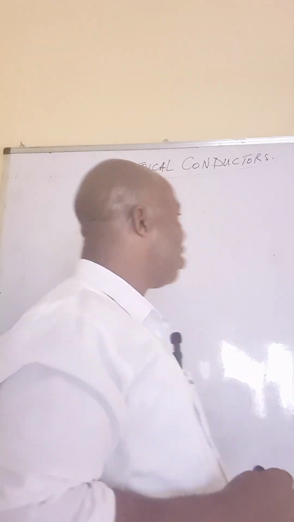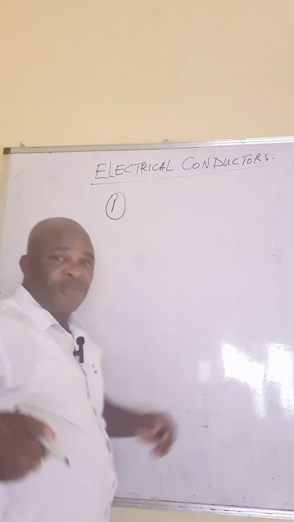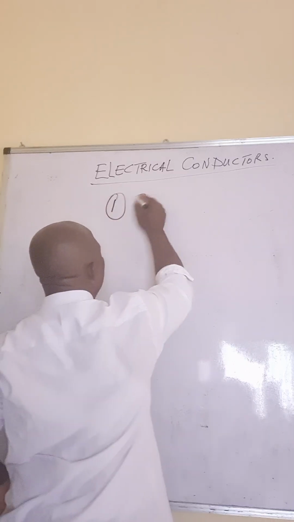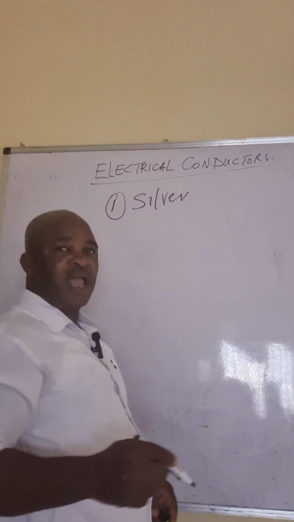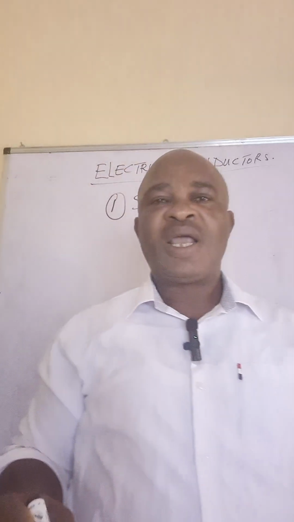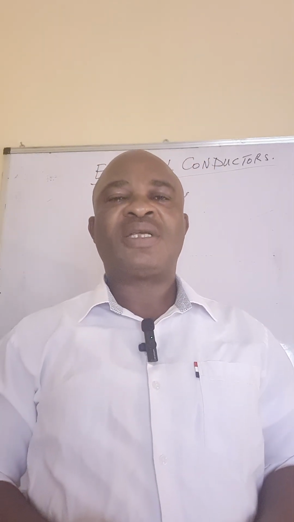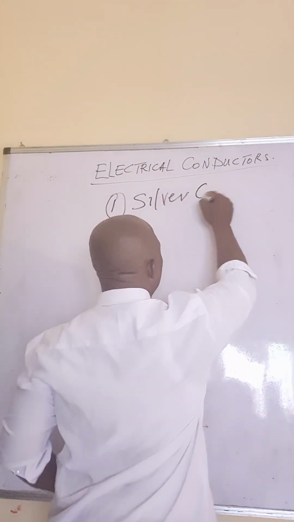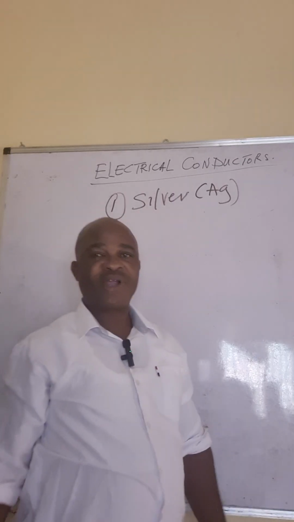We are going to look at electrical conductors by their application in three groups. And what are they? One, we have silver. Silver goes with a chemical symbol that is normally represented with Ag. So I put Ag in brackets. That is the chemical symbol of silver.